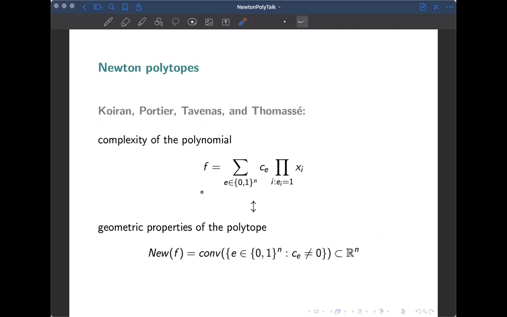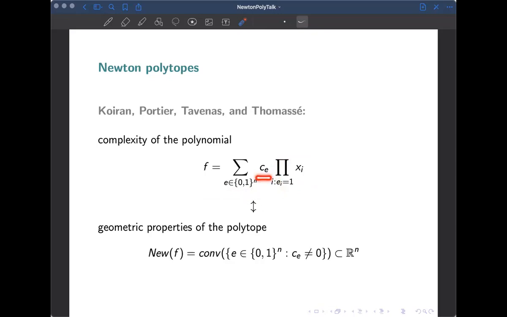On the algebraic computation side, we are interested in computing some polynomial. This is an example of a multilinear polynomial, just for simplicity. These are the monomials of the multilinear polynomial, and these are the coefficients.